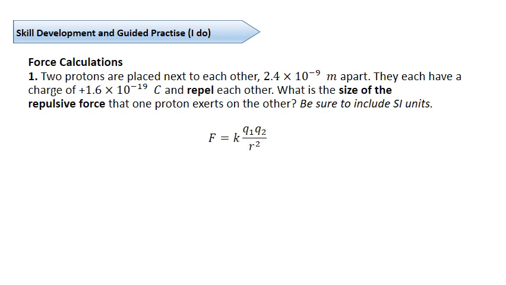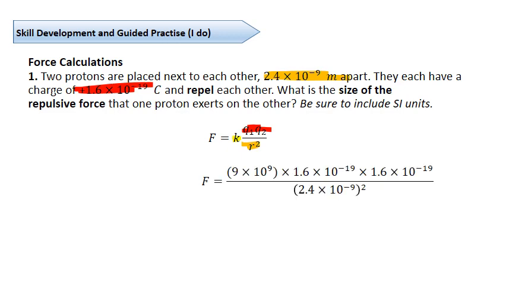Okay, to solve this problem, we need to use our formula. F equals Q1 times Q2, whole thing multiplied by our constant K divided by R squared, the distance between them. Now I can see here that my charges for both of those are the same, and then the distance between them is R squared. Now you need to remember your constant K is 9 times 10 to the 9.